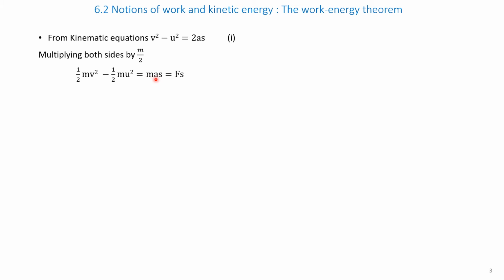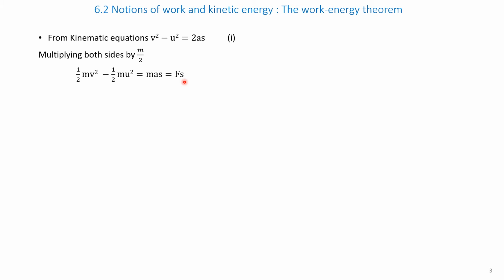We know that ma is equal to F. Therefore, half mv square minus half mu square is equal to mas, that is equal to F into s, where the last step follows Newton's second law of motion.